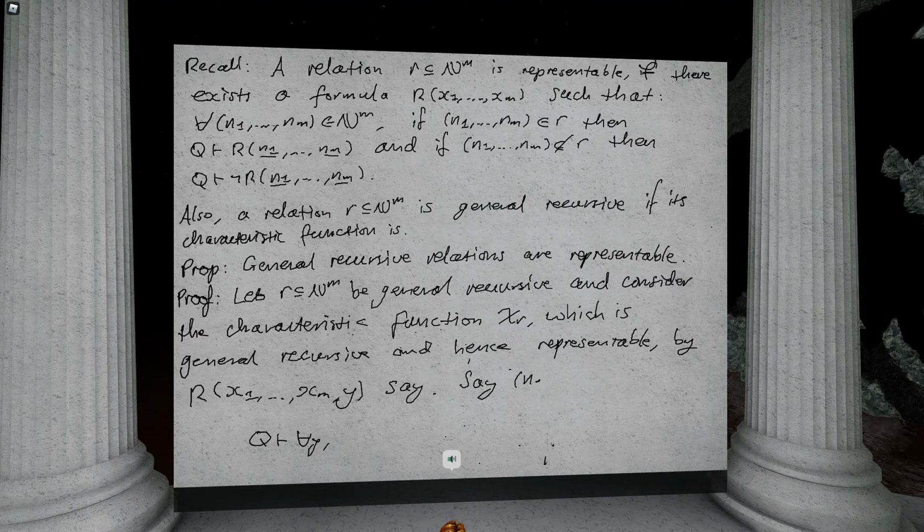So say n1 up to nm is an element of R. Then Q can prove, for all y, R of n1 underline up to nm underline y, if and only if y is equal to 0. Just don't forget that our convention is that if an element is inside a relation, then the characteristic function sends it to 0. Okay, cool.